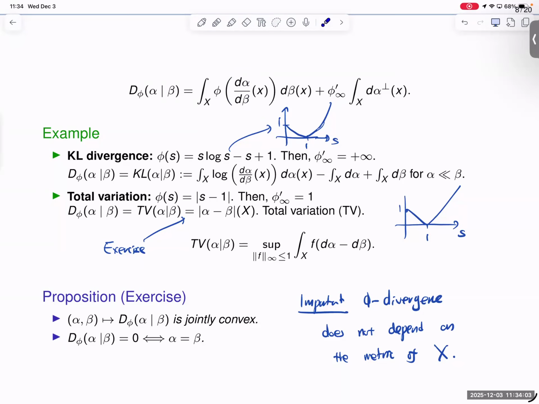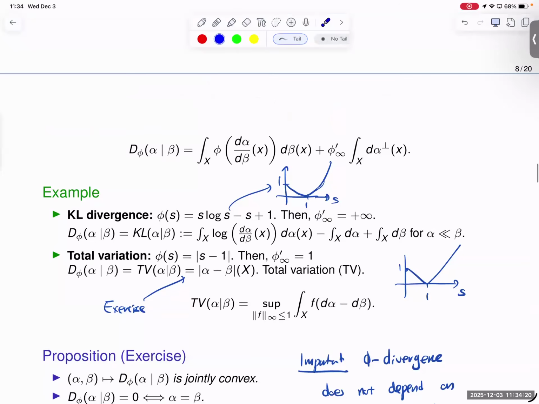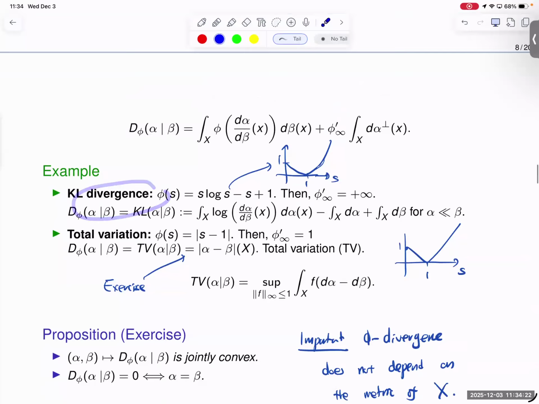Making sense? A quick question. If we ask about the displacement convexity of this functional, using the Wasserstein metric, restricting to the probability space, for example for the KL divergence, wouldn't that depend on the underlying metric of the manifold?